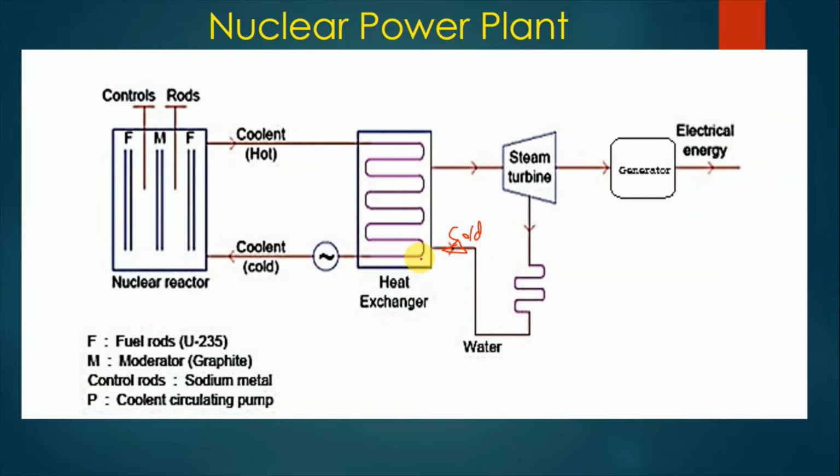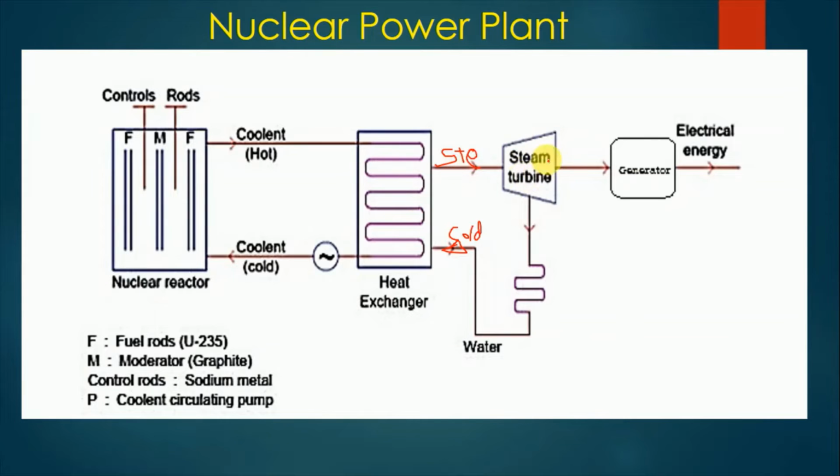Now there will be heat exchange between the fluid inside the tube and the water outside of the tube. Because of heat exchange, the water will get heated, and a time will come when it will get converted into steam, and at the output from this heat exchanger we have steam as an outlet. So cold water was supplied as the input, and at the output we get steam because of heat exchange.